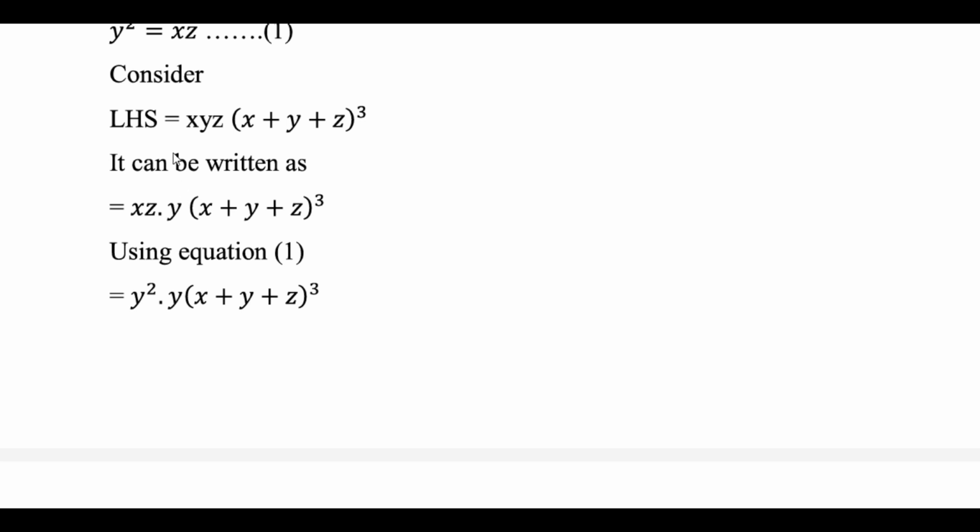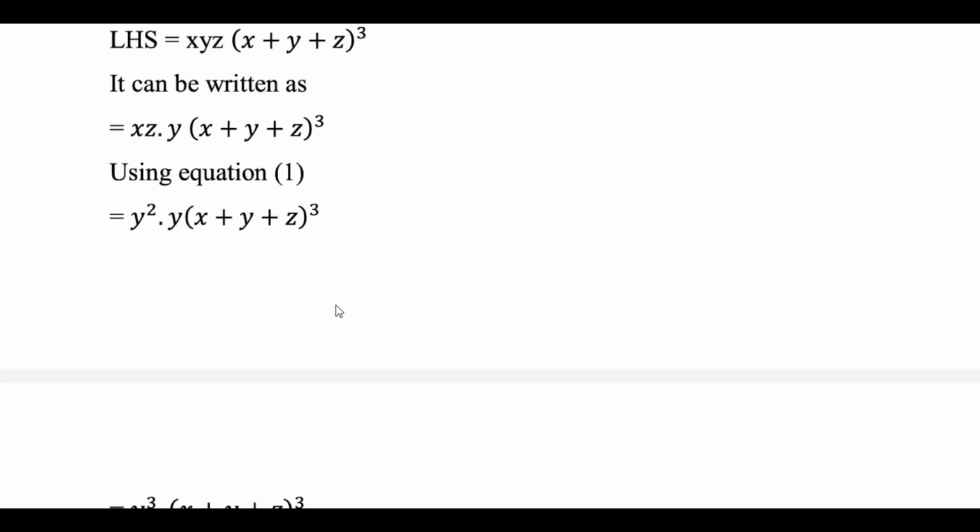Left hand side, xyz into (x plus y plus z) cube. So we can write xz into y into (x plus y plus z) cube. Using equation 1, that is y square is equal to xz, here y square into y into (x plus y plus z) cube.